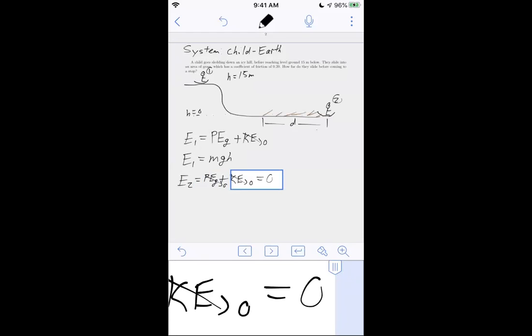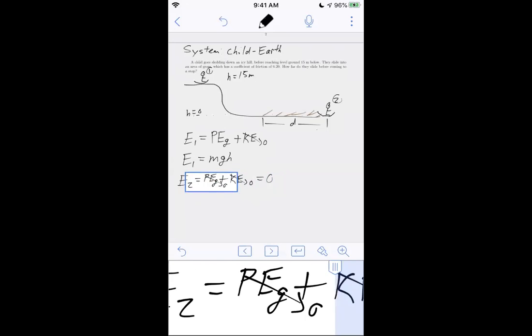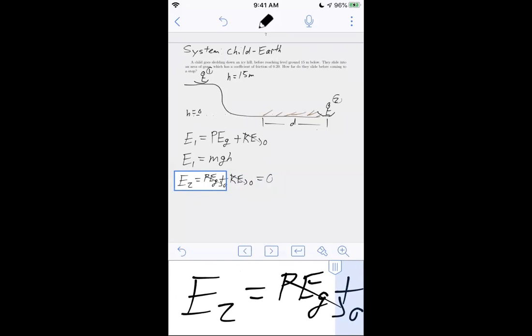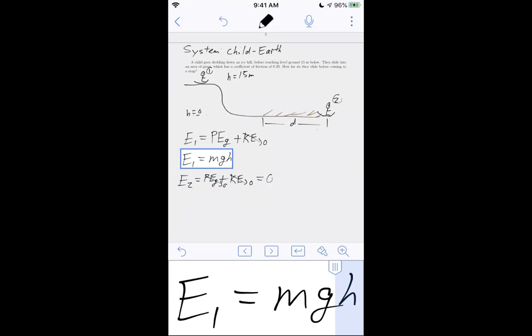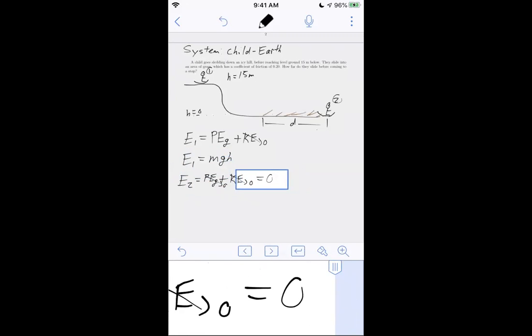So here we can see right away that there must be some external work. And whenever you see friction, there's going to be external work. We can also tell that because energy 1 is not 0, but energy 2 is 0.